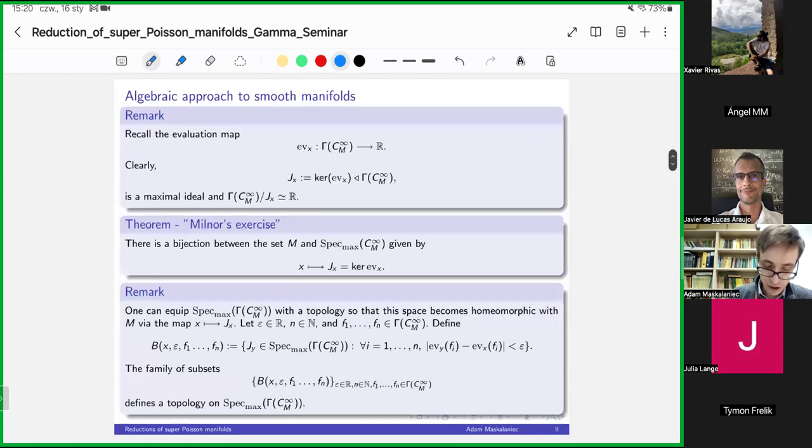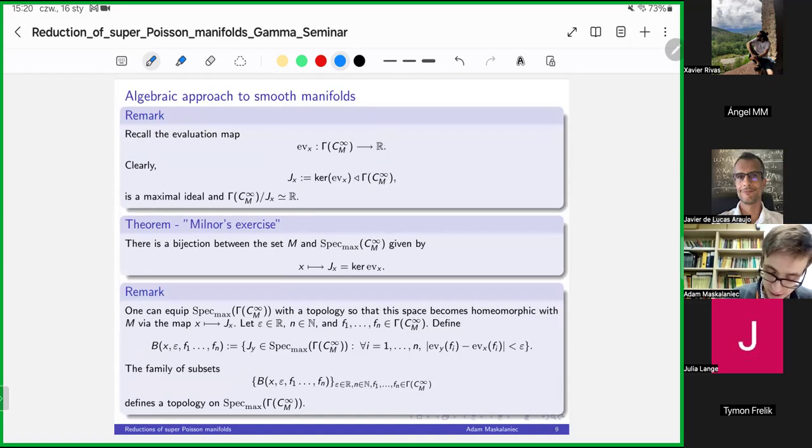And to accomplish this presentation of the algebraic approach to smooth manifolds, I would like to recall a classical example, namely Milnor's exercise. So if we are given the evaluation map, then this evaluation map takes values in real numbers.